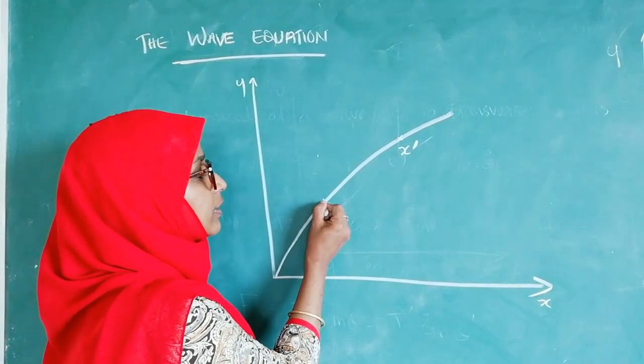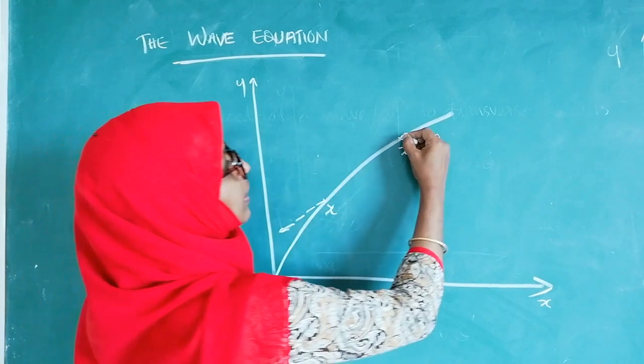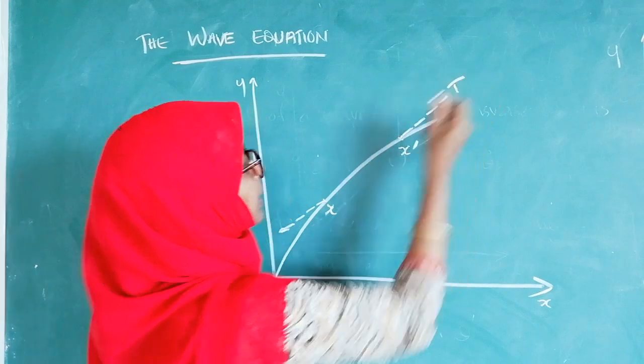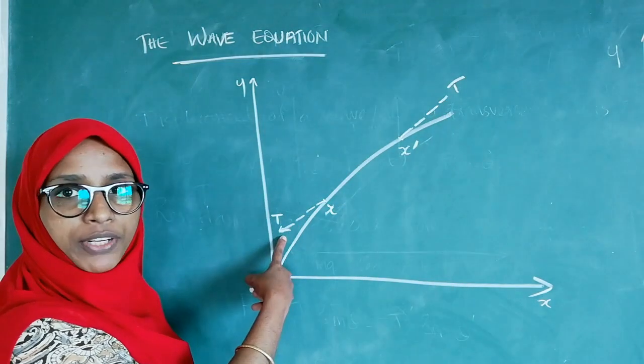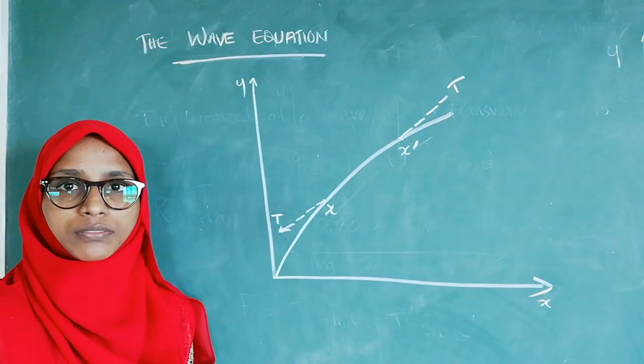So, the tension at this point will be along this direction, and the tension at this point will be along this direction. Both are the same tension T in opposite directions. Here the tension is in the leftward direction, and here the tension is along the rightward direction.